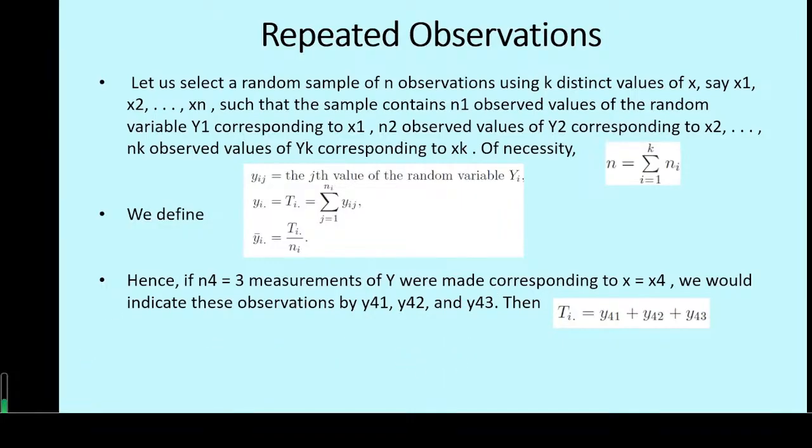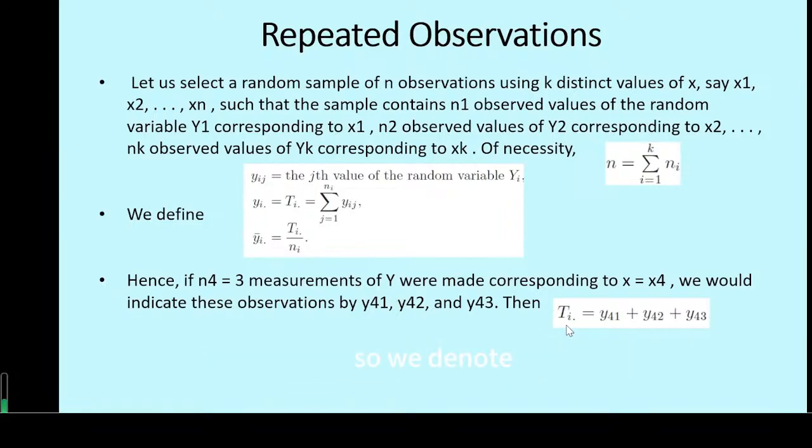So say for x1, x2 until xn, we get ni observations for each of these xi values, observing the value of y. For example, for x equals x4, a given value of the independent variable, we get 3 measurements of y.